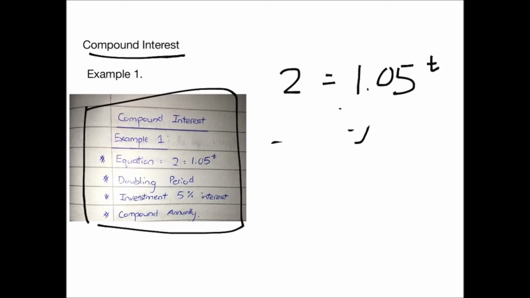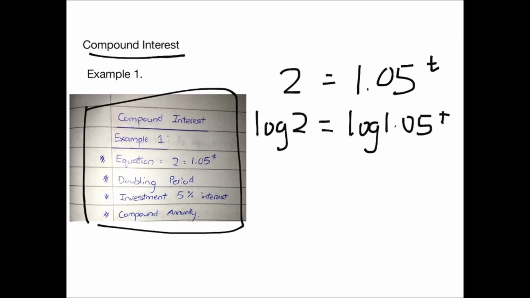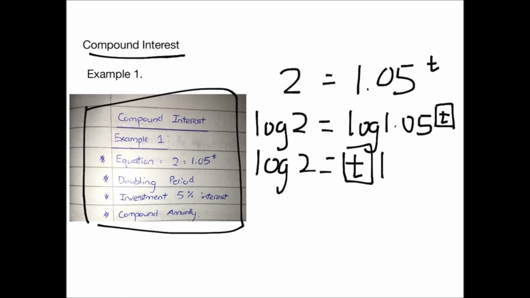So let me make this clear. We just put log 2, and then log 1.05. Okay, so we put it again. So like the exponent, if we don't know the exponent, we can actually kick it to the front, so it's going to be like this, the exponent just now, times log 1.05.